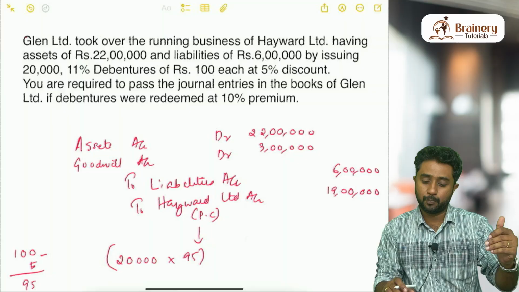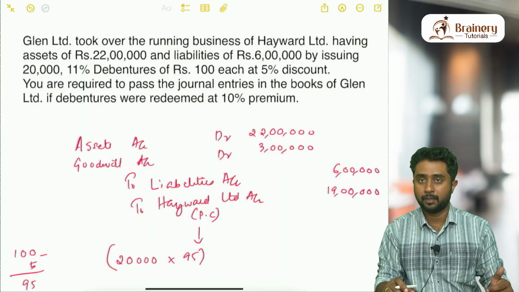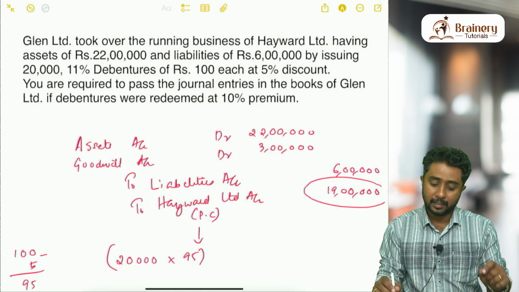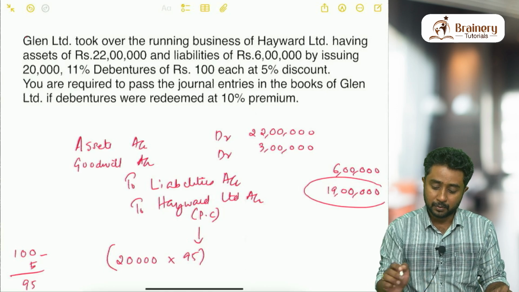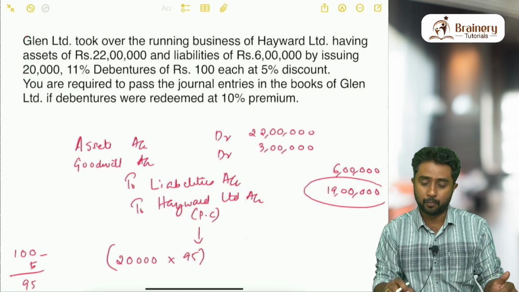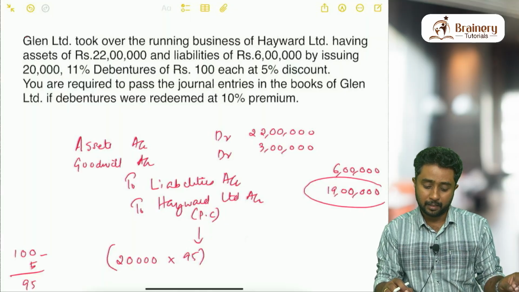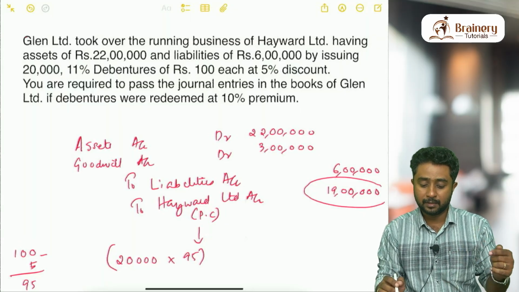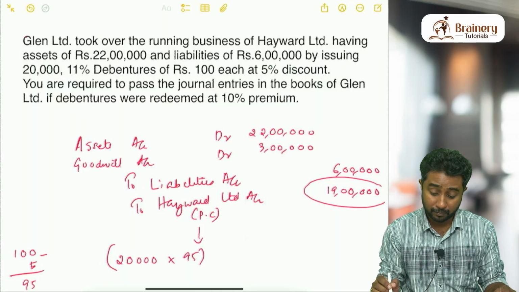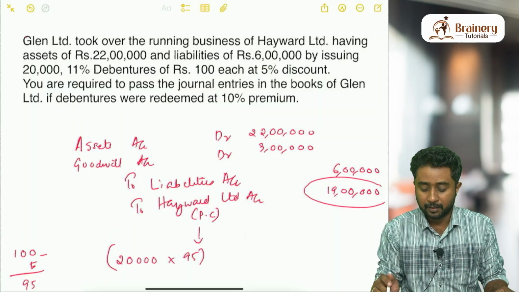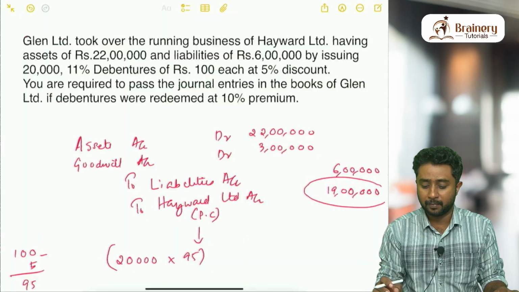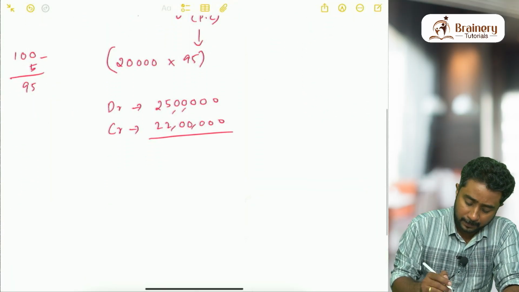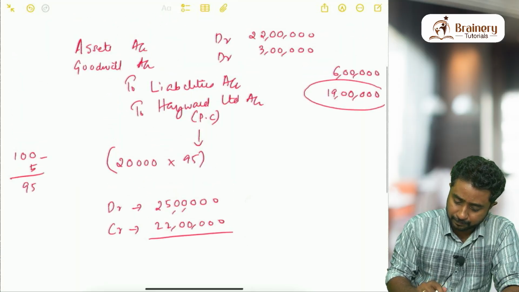Next, we have to pay some amount of money to Hayward Limited, which is basically called purchase consideration, which we found here as 19 lakhs. When it comes to the payment, we are going to pay in debentures, which are issued at 5% discount, and the debentures are to be redeemed at 10% premium, as given in the question.